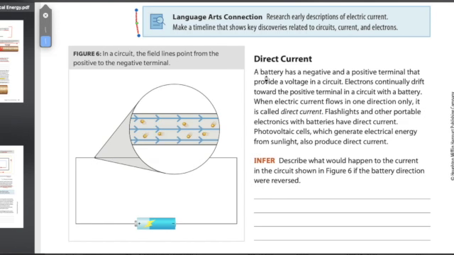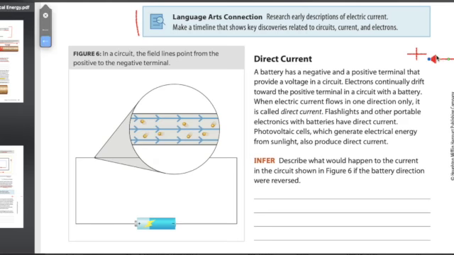Direct current. A battery has a negative and a positive terminal that provide a voltage in a circuit. Actually, what we would say is that there is a voltage potential between the positive and the negative part of the circuit, and the conventional current goes in this direction, from left to right.